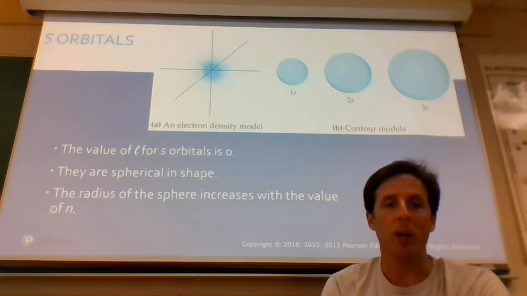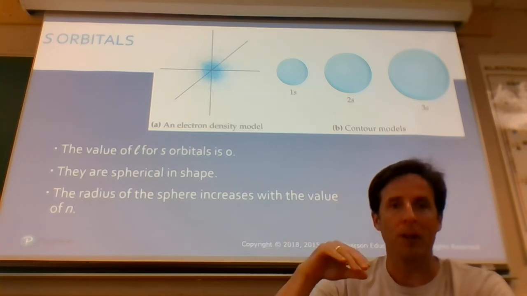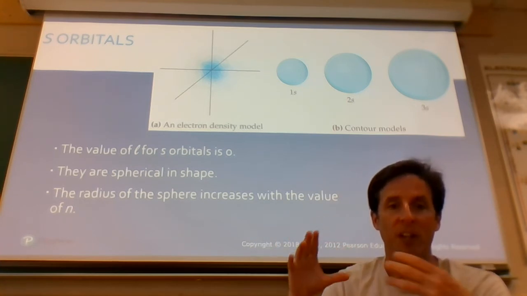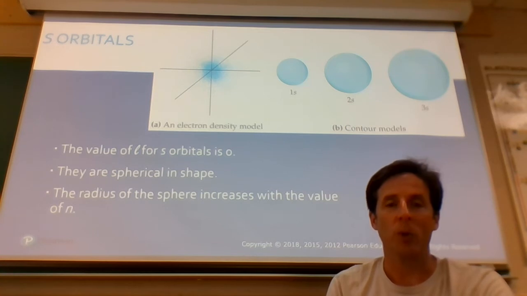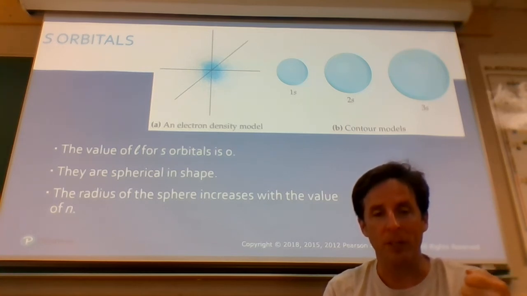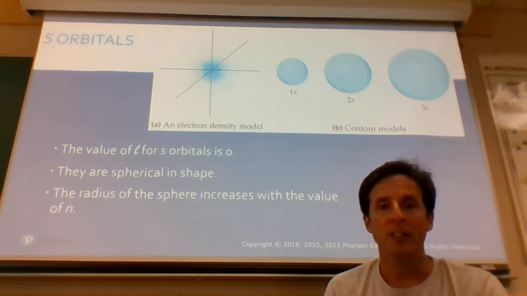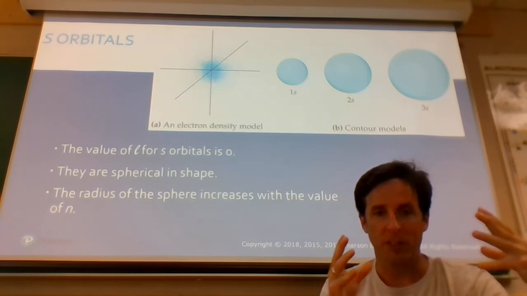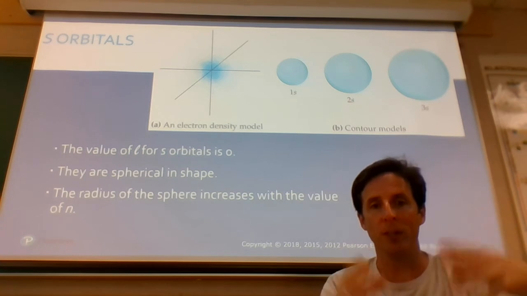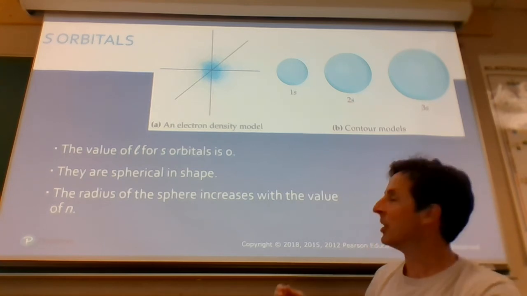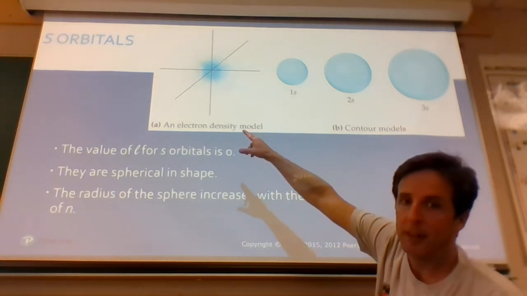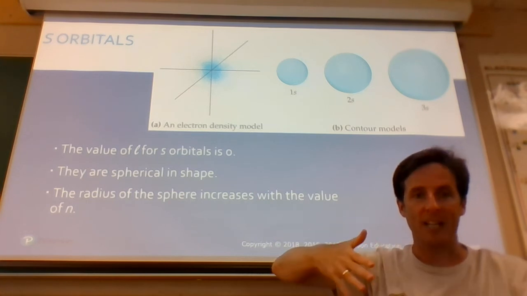You can derive the equation of a parabola or a hyperbola. You can derive the equation of a sphere. You can derive the equation of a coffee cup. Like you could derive an equation that describes the shape of a coffee cup, okay? So mathematicians come up with these equations to describe a region of space. So an s orbital should look like that, but we can make different sizes.